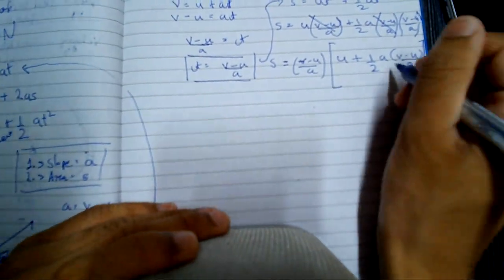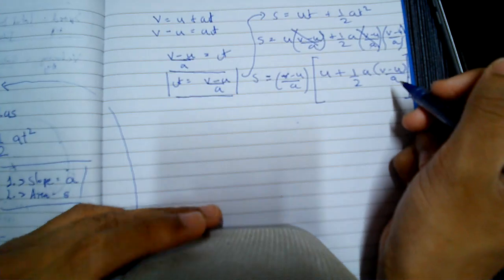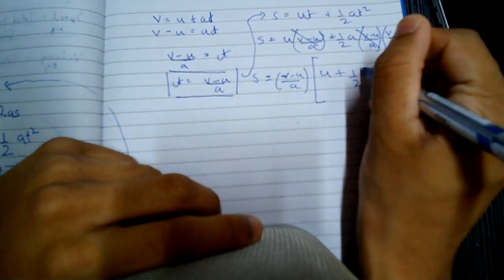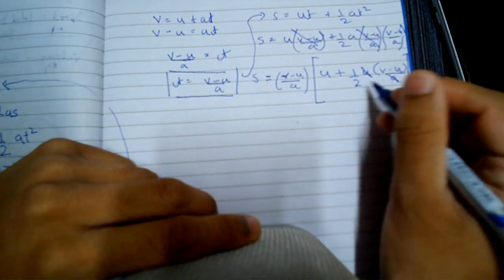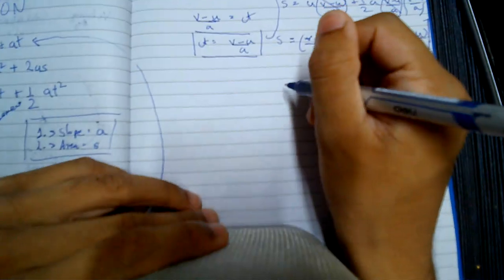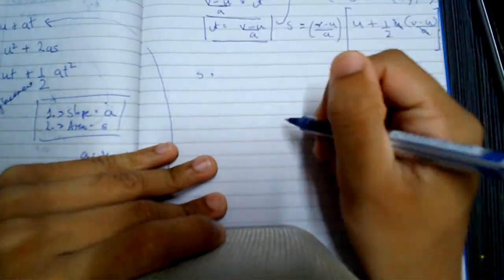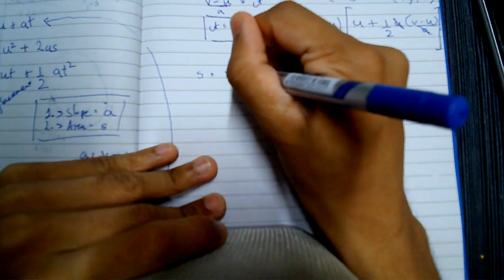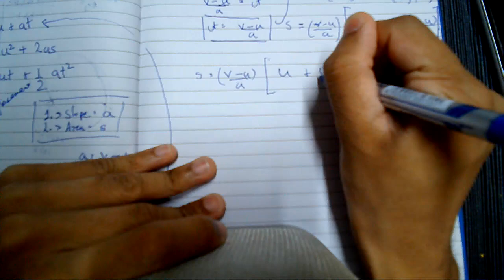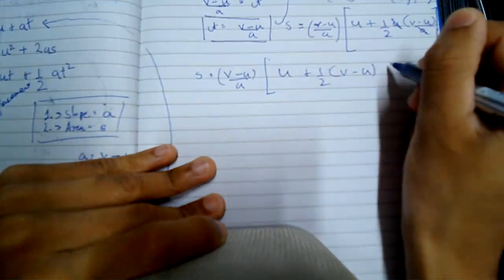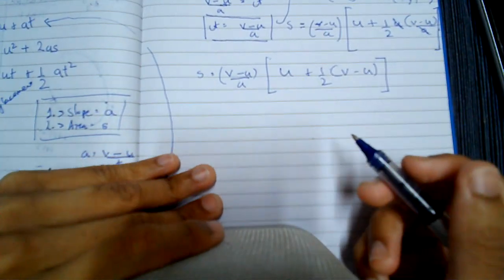All right, cool. Now if you look carefully over here, I can cancel these a's because it's being multiplied. So that goes. So it's going to be s is equal to v minus u over a into u plus half into v minus u, because the a's got cancelled out.